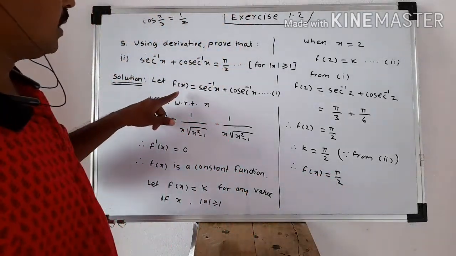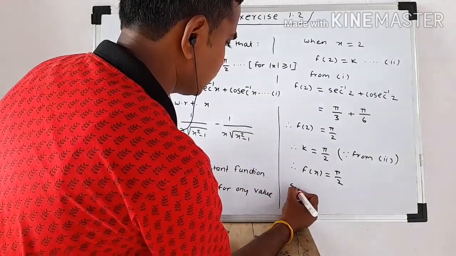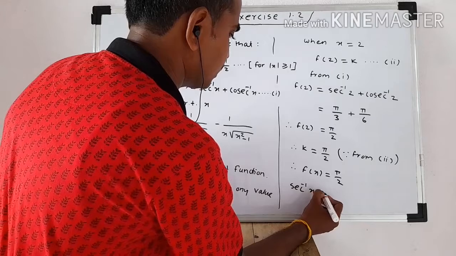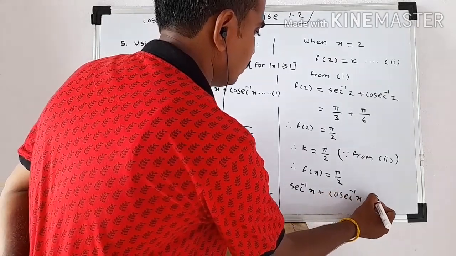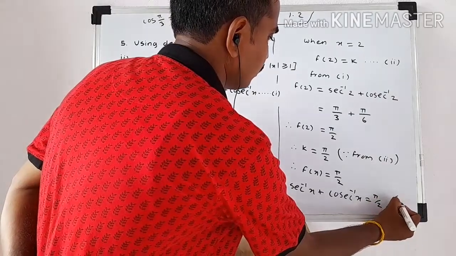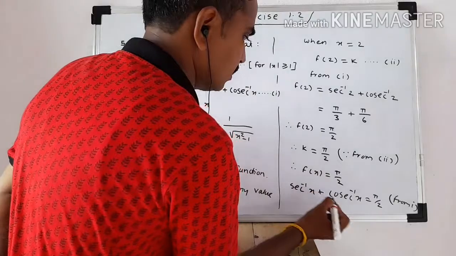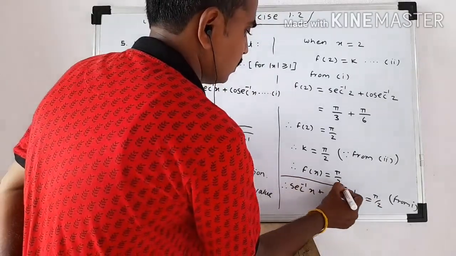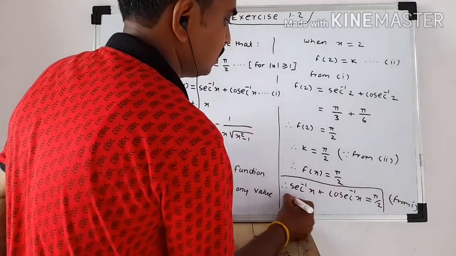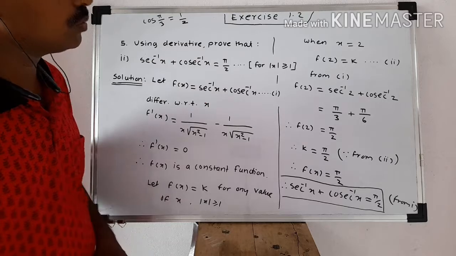And from equation 1 we get our required result: sec inverse of x plus cosec inverse of x equal to pi by 2. This is the required result which we wanted to prove by using differentiation.